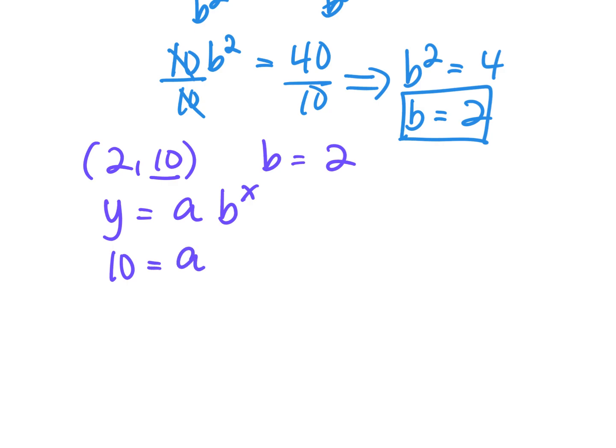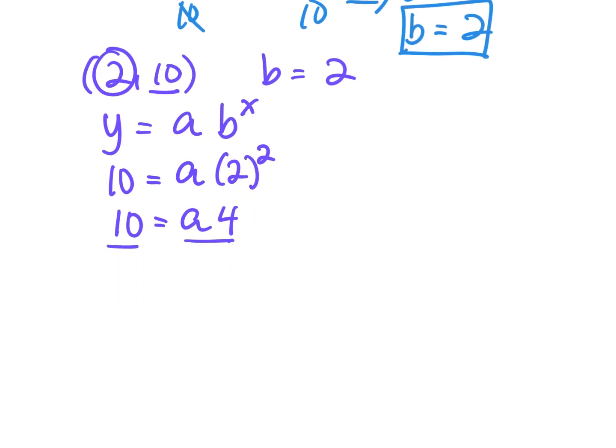We still don't know our a, but we know our b, which has a value of 2, and the exponent of 2. So here 10 is equal to a times 2 squared, which is 4. So we're going to divide both by 4. Therefore, a here is equal to 10 over 4. Now 10 over 4 can also be reduced as 5 over 2.